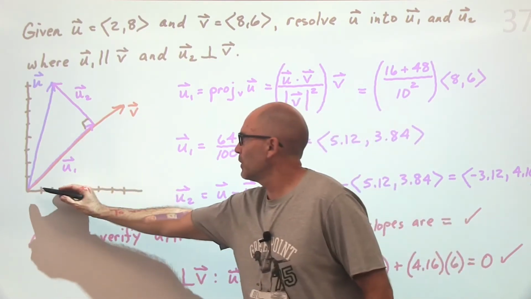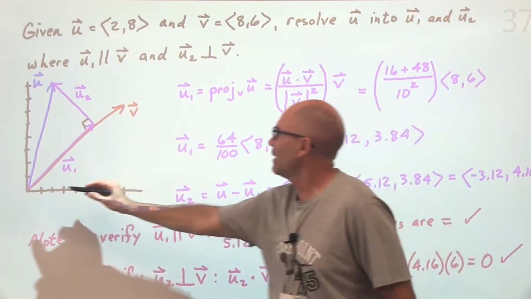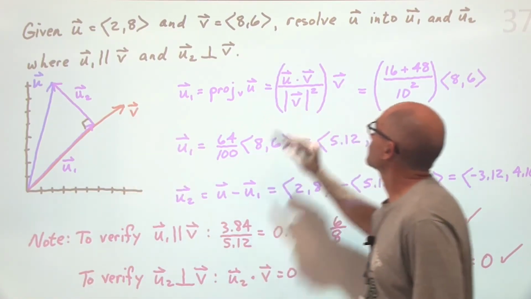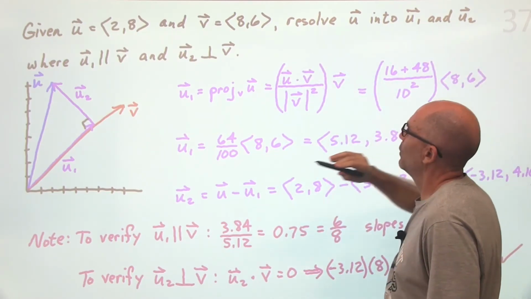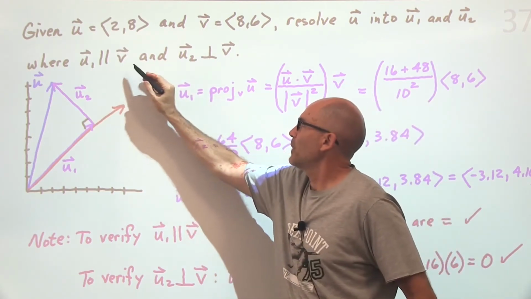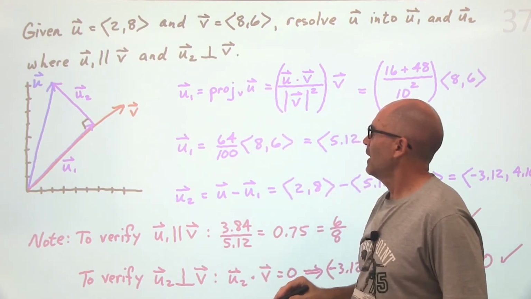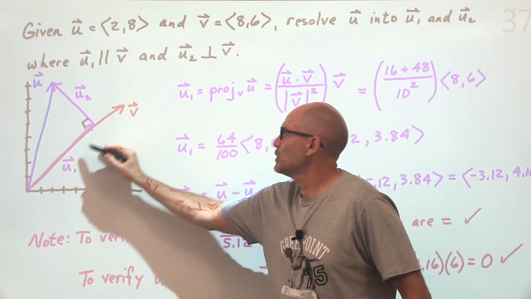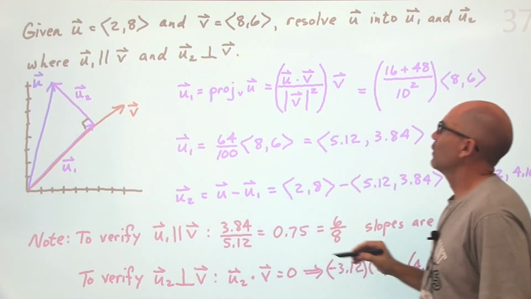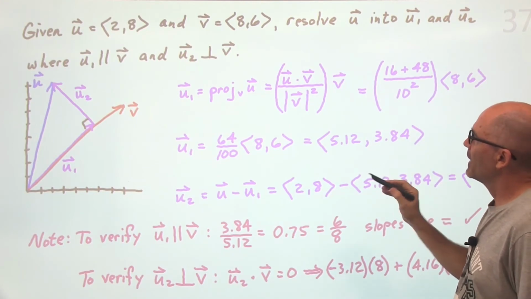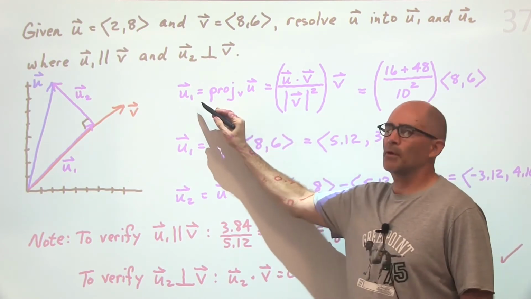So notice u is the blue, 2, 8, and v, which is the red, 8, 6. We want to resolve u into u sub 1 and u sub 2, where u sub 1 is parallel to v and u sub 2 is perpendicular to v. In other words, u sub 1 is the projection of u onto v, and u sub 2 is the vector that goes from v perpendicular up to u.